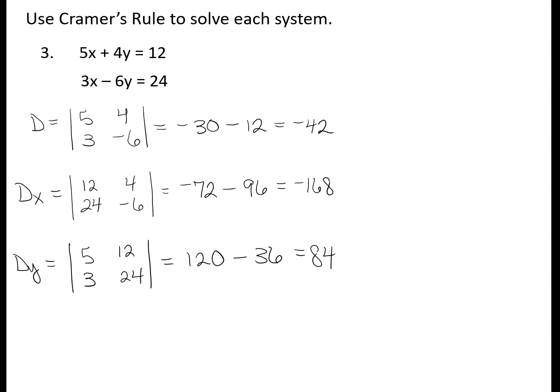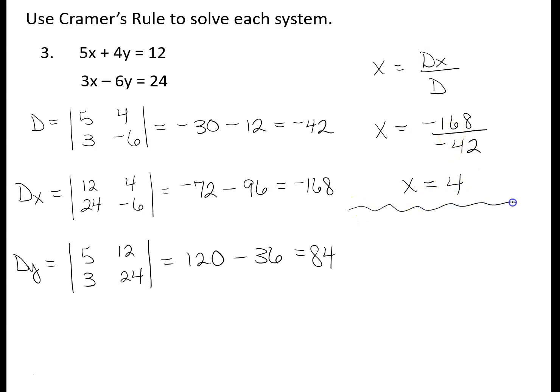So the next step is to find x and y. So x is dx divided by d. That means x is negative 168 divided by negative 42. A negative divided by a negative is positive, and 42 goes into 168 4 times.